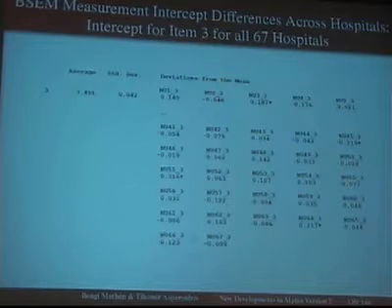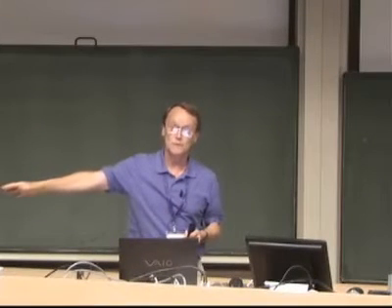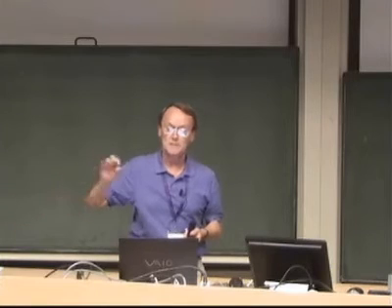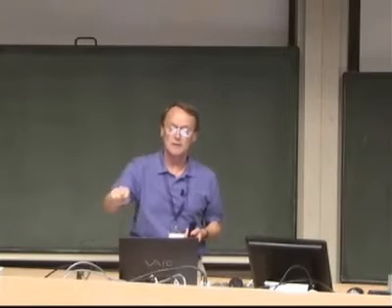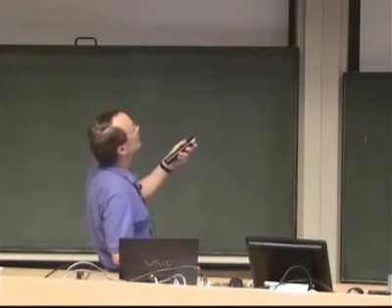And what is displayed? You want to have a summary. Here's a summary: the difference between the intercept in a specific hospital compared to the average across all hospitals. That's what you want, right? The difference between a given hospital and the average of all the hospitals. We provide you with an asterisk.